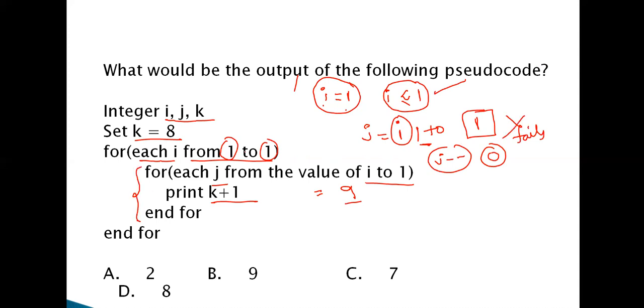At the same time, the outer loop is also 1 to 1, so I plus plus, and the condition of the outer for loop also fails. Finally, the answer is 9. Okay. Observe the pseudocode, how the values are incremented, how the values are decremented.